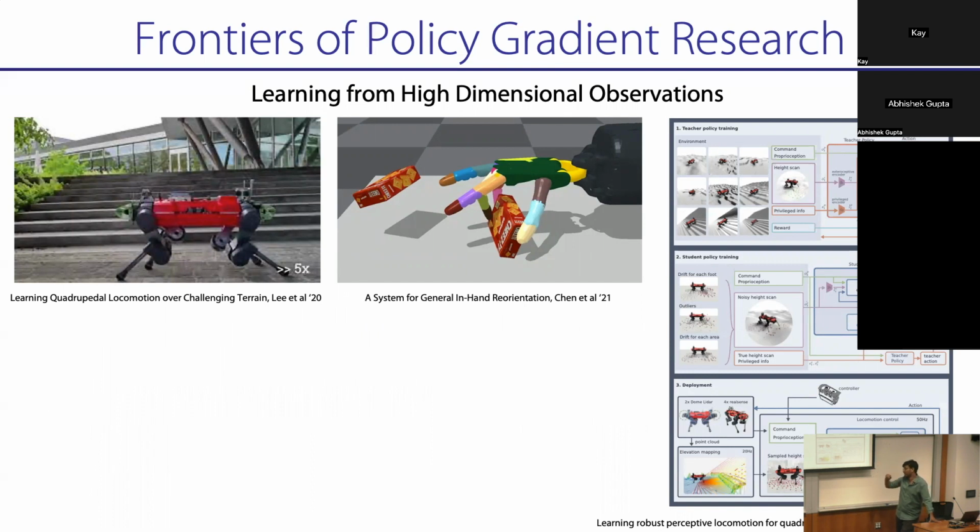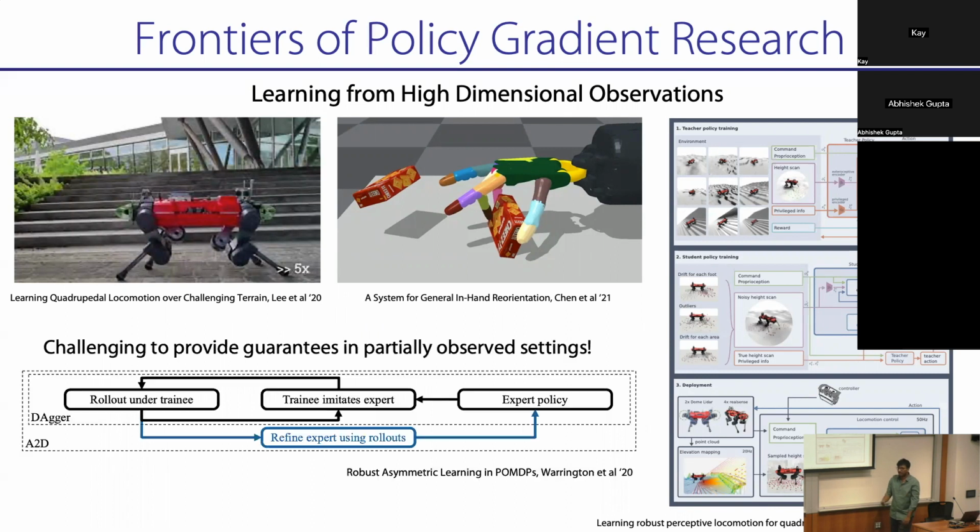The supervision is just supervised learning. It's hard to do policy gradient directly on images, so you have to do tricks like that. But it's not really clear how to do that under partial observability, and it's not clear what the guarantees are in that scenario. So trying to get these things to work from high-dimensional observations is still very difficult. So that's open and interesting.